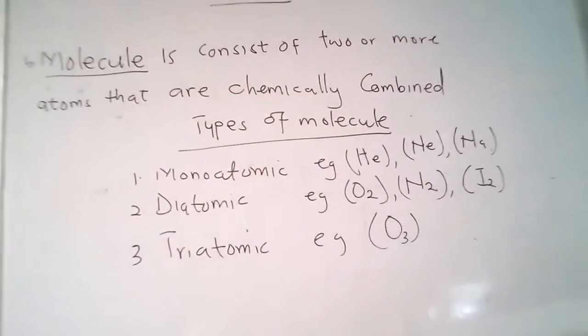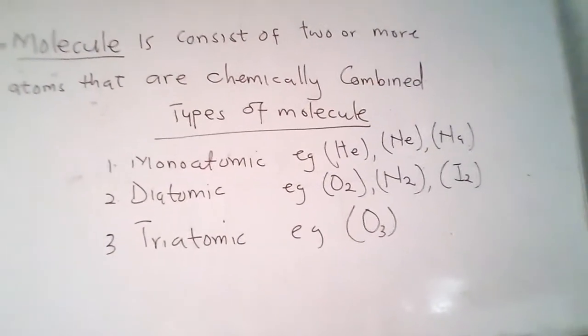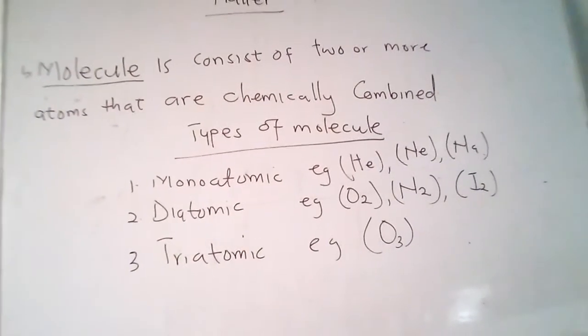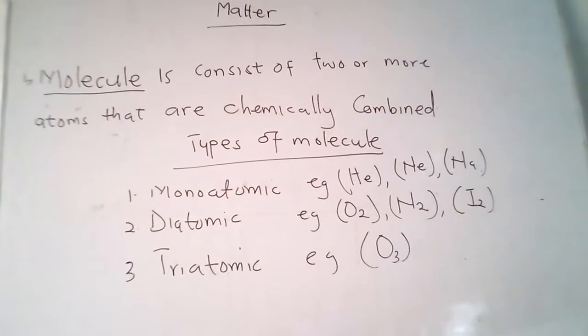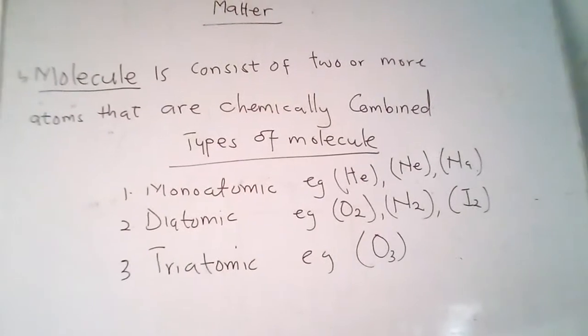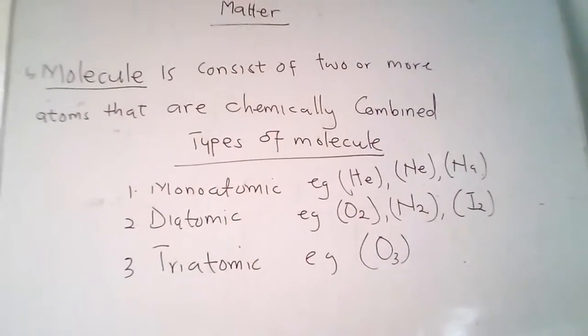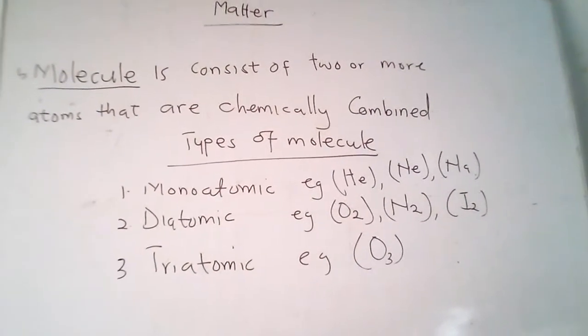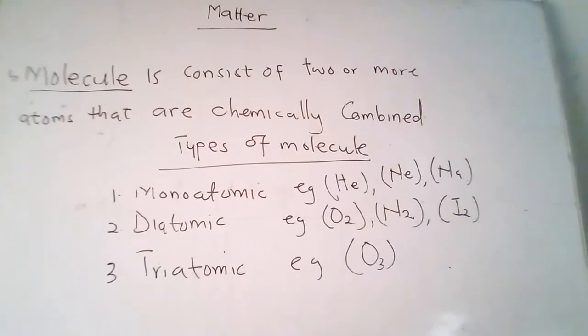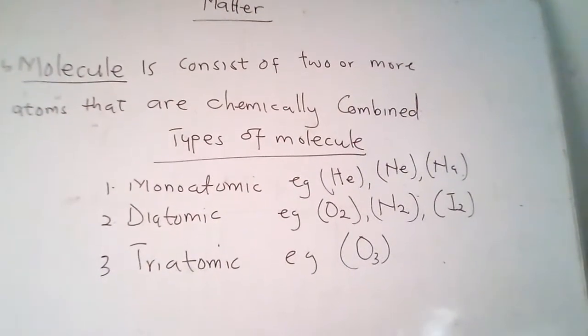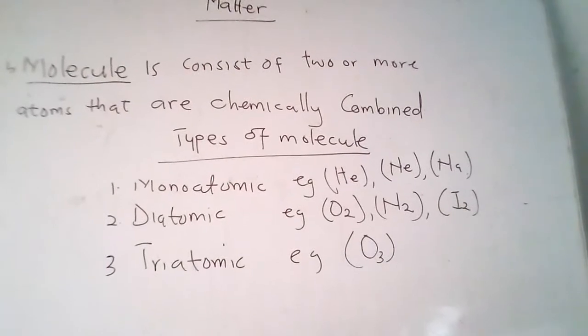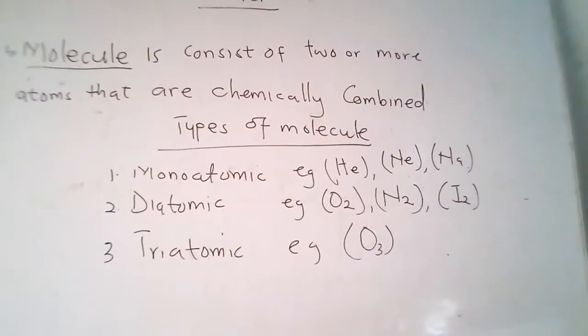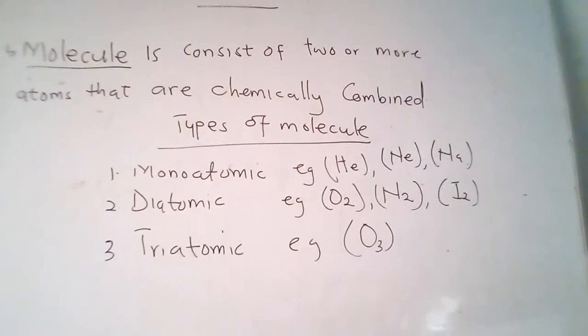We have monoatomic, diatomic, and triatomic. A molecule is said to be a monoatomic when it contains one atom. For example, the helium, we have it on the board, He, the neon, Ne, and then sodium, Na, and the rest. They are the monoatomic because they contain only one atom.